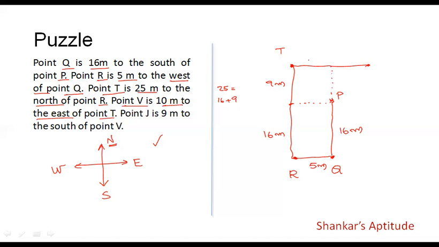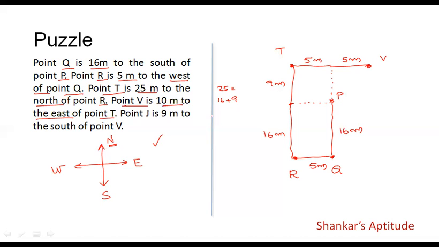So that 5 meters I can extrapolate here, and then another 5 more meters I am considering. So this will be the point where V is located. We can see V is 10 meters to the east of point T.